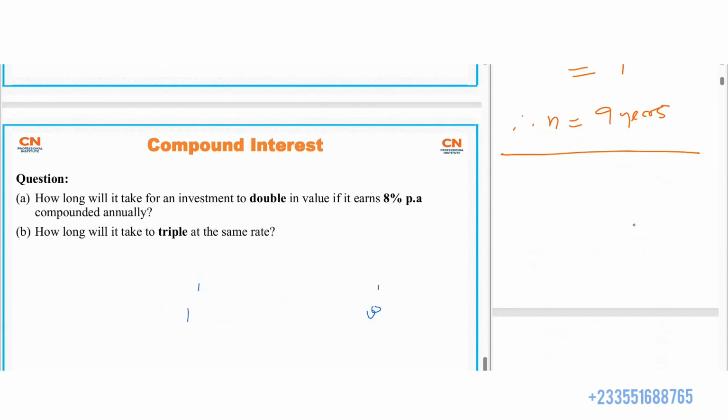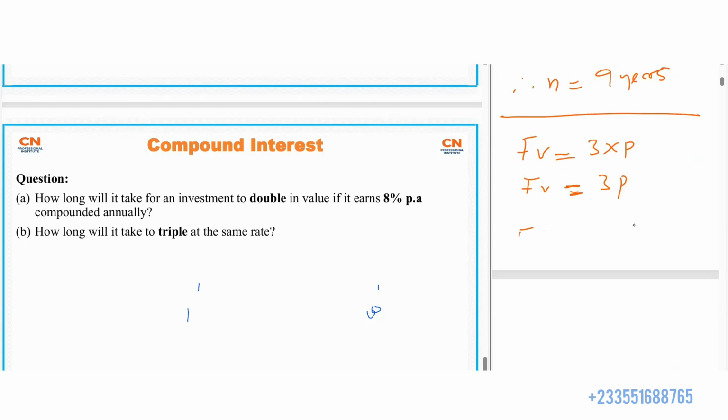Here, because it is saying how long will it take to triple, your future value will be equal to 3 times what? The initial amount or the principal. So 3 times principal should give you a future value. That's what it means. So you realize that your future value will be equal to 3p because it will triple.